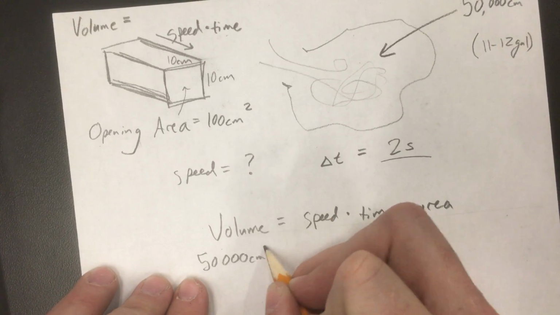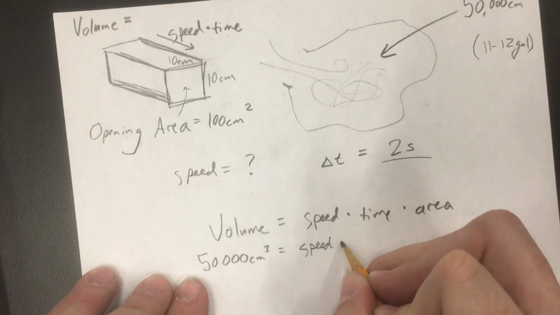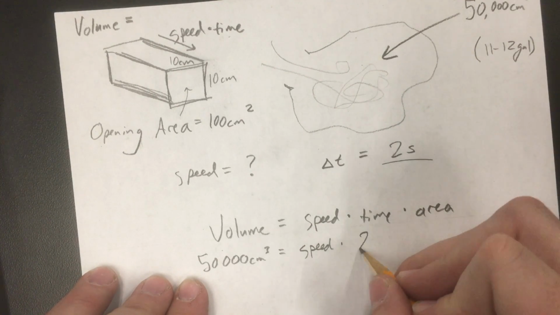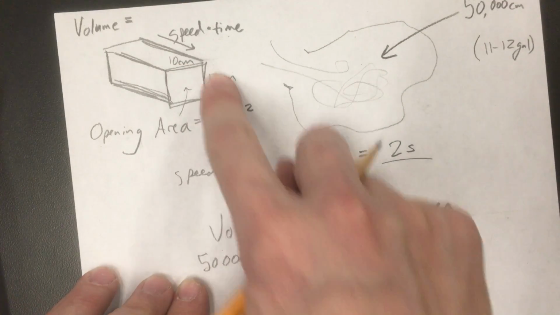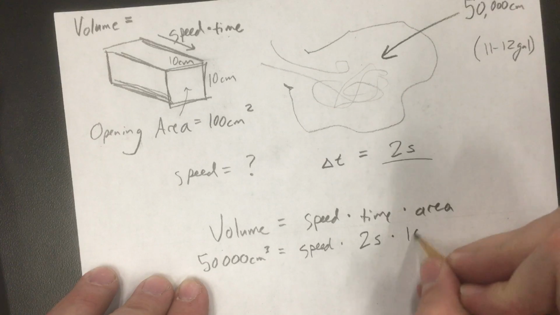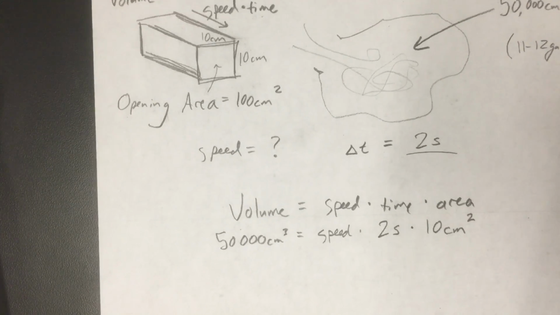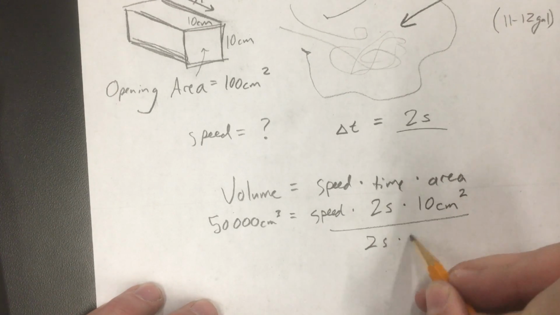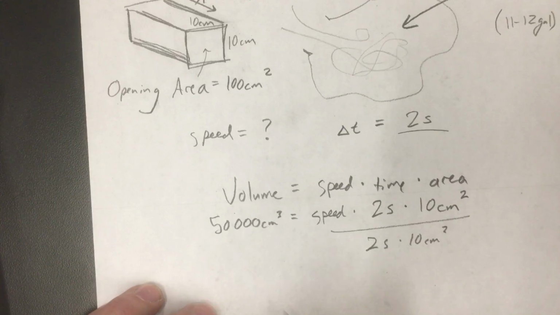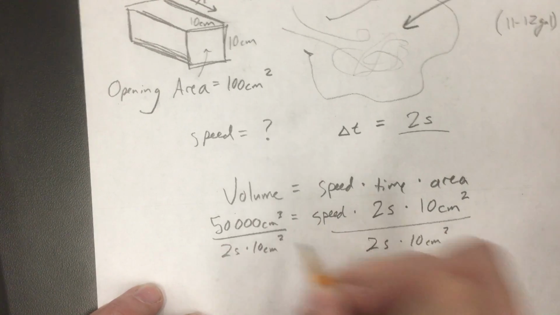50,000 centimeters cubed equals speed, which I don't know yet, times time, which is about 2 seconds, times 10 times 10, an area of 100 centimeters squared. And then I'm basically just going to solve for speed. So I divide both sides by 2 seconds and 100 centimeters squared.